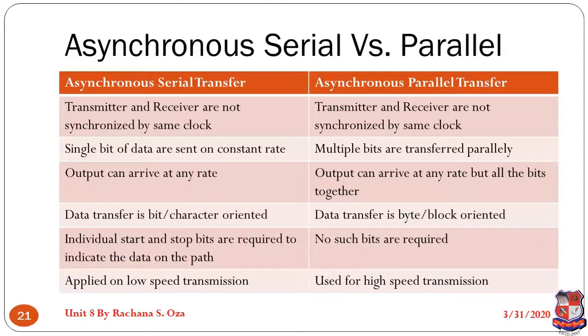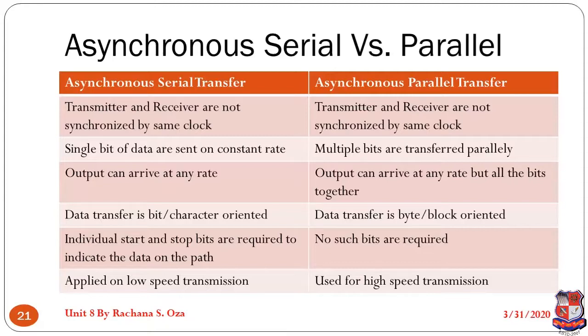Now, as it is very difficult to provide synchronous data transfer between an I/O device and the CPU, let us focus on asynchronous transmission. Asynchronous transmission comes in two varieties: you want to do serial transmission or parallel transmission. Let us see the differences between them.